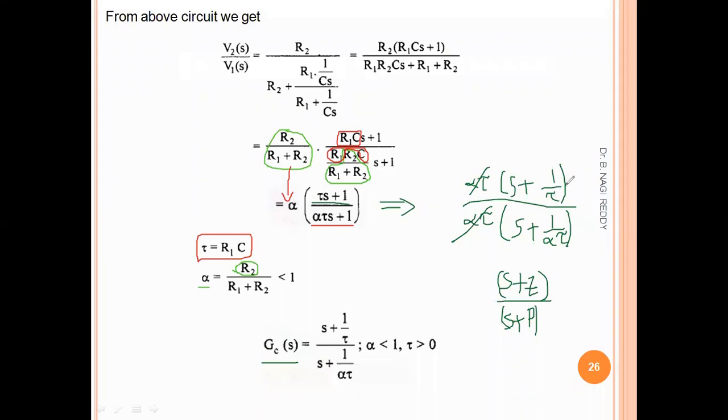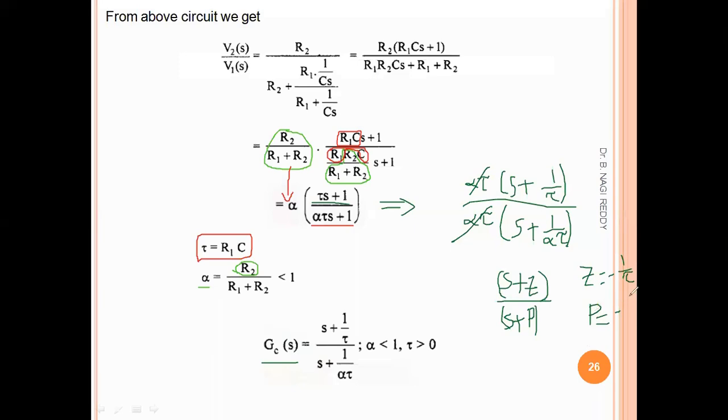That means the zero is z equal to minus 1 by tau, because this lies on the negative half of the s plane, which means the left side of the s plane, because we want stability. So for getting stability, we have to keep all the poles and zeros on the left half of the s plane only.